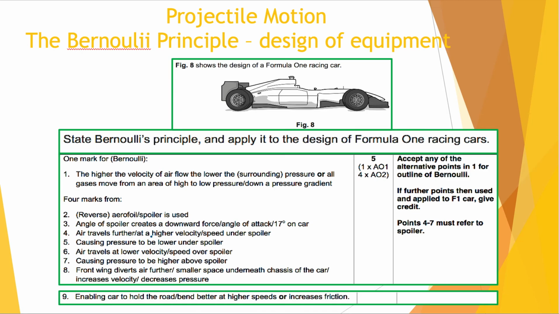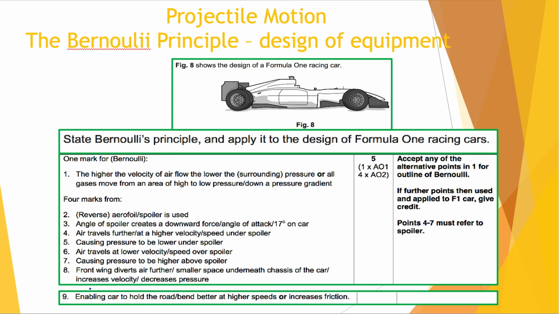So it's forcing the air the other way around. Air travels further and at a higher velocity under the spoiler than it does over the top of the spoiler, which creates low pressure under the spoiler and high pressure over the spoiler, which causes pressure to be higher above the spoiler, and therefore obviously creating that downward lift force.